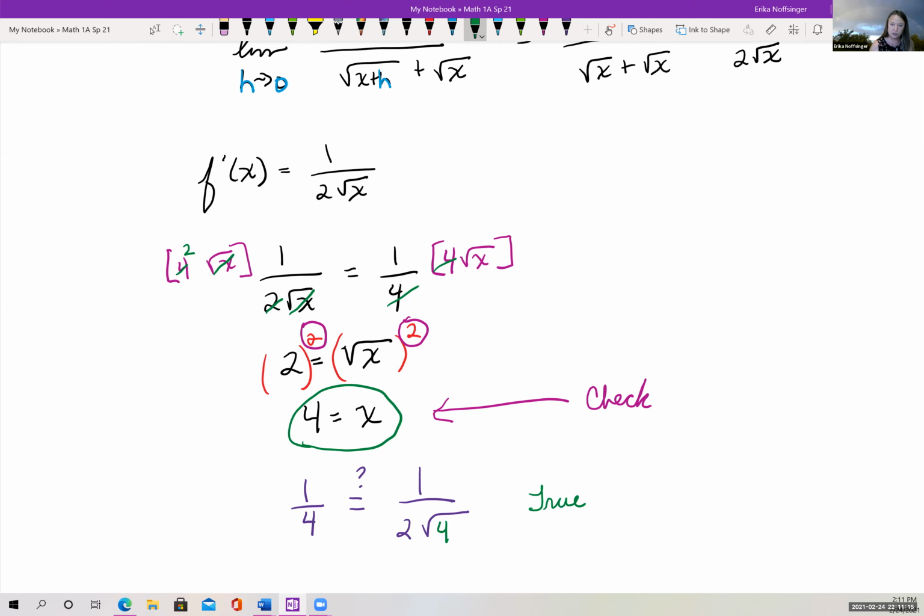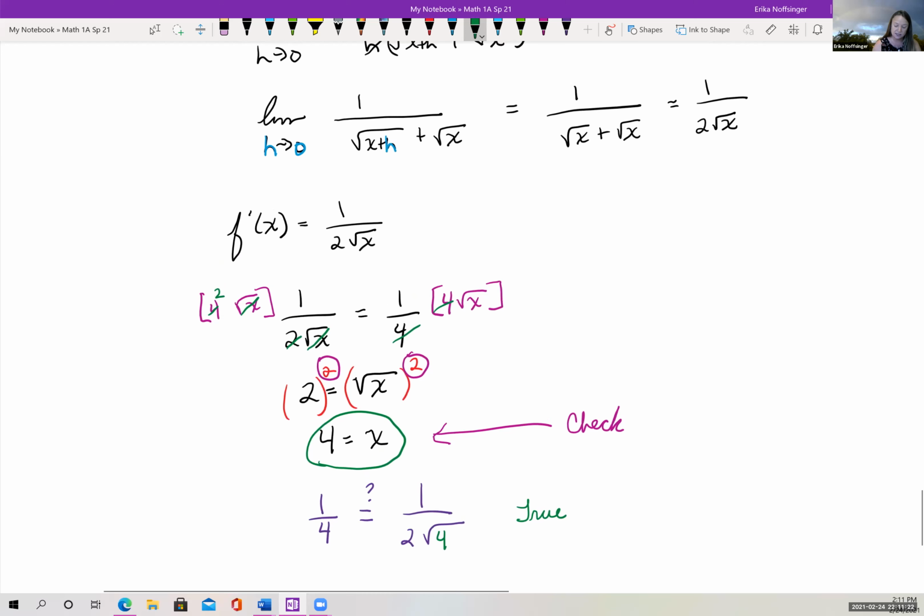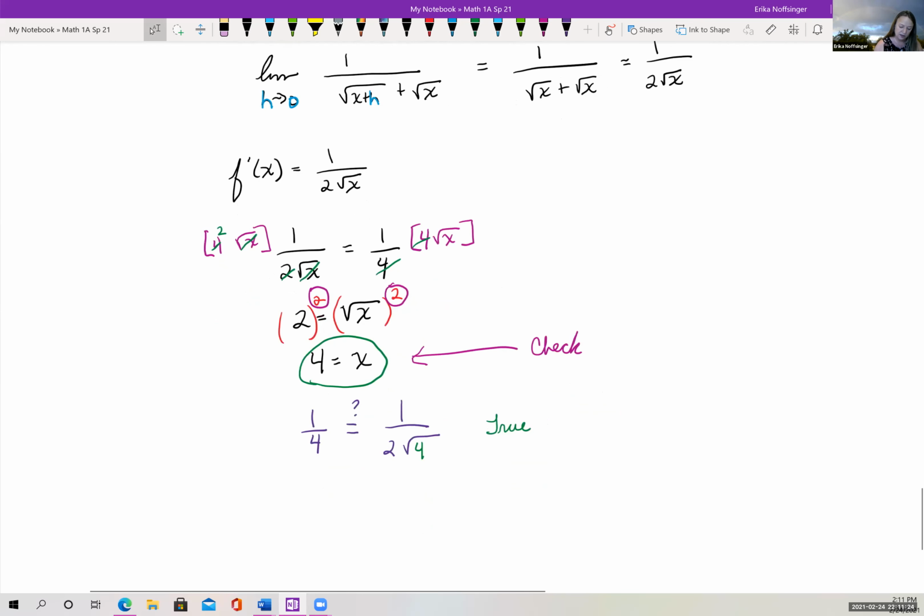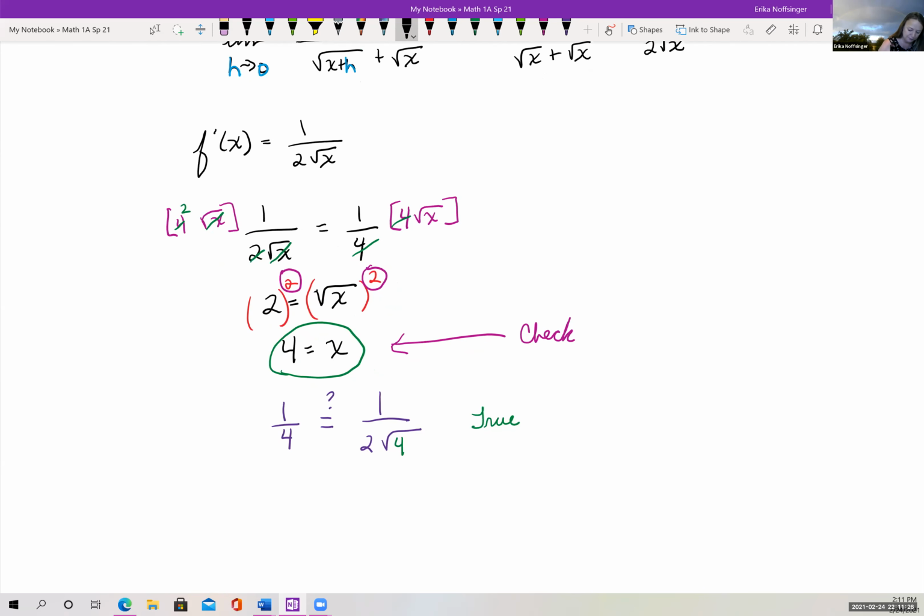The square root of 4 is 2, and 2 times 2 is 4. Okay, so we found that x value that gives us a slope of 1/4. So we just found that f prime of 4 equals a quarter. So we want that point when x equals 4.